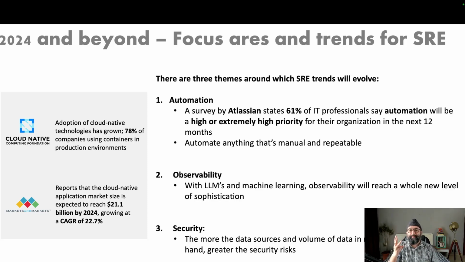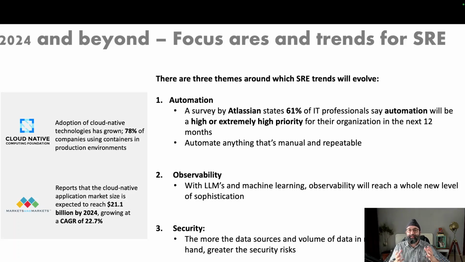There are 3 themes around which SRE trends will evolve. Automation. Atlassian states 61% of IT professionals say automation will be a high or extremely high priority for their org in the next 12 months. Automate anything that's manual, repeatable. Observability.